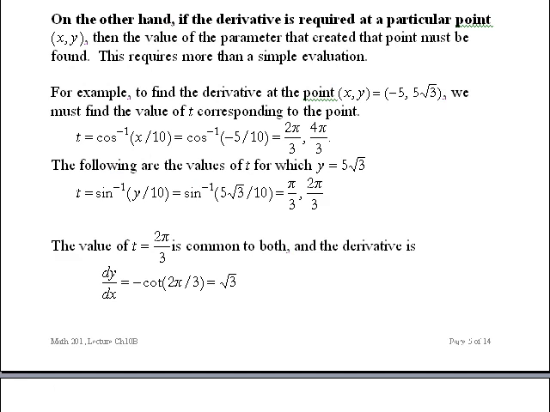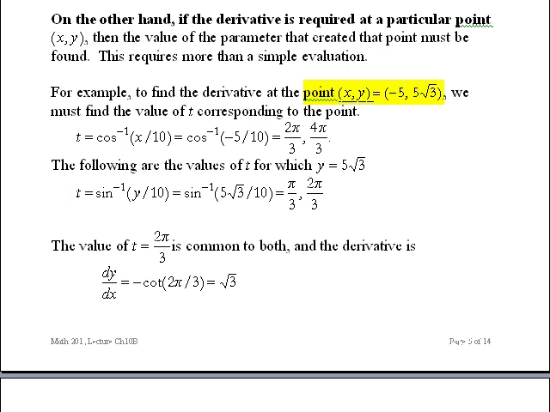In the other case, you want the derivative at a particular point xy in the xy plane, and you do not know the value of t, the value of the parameter that created that point, so you have to go find it. So let's say we want to find the derivative at the point where x is minus 5 and y is 5 times the square root of 3.